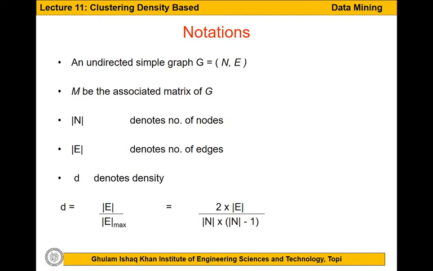Now to execute the density based clustering algorithm, we need to have a data structure which is the graph. Then this graph is basically stored in an adjacency matrix M, and adjacency matrix, if you don't know about it, let me draw it for you.